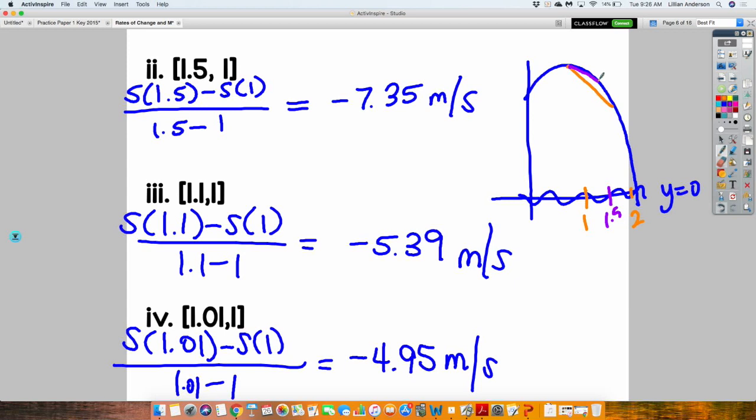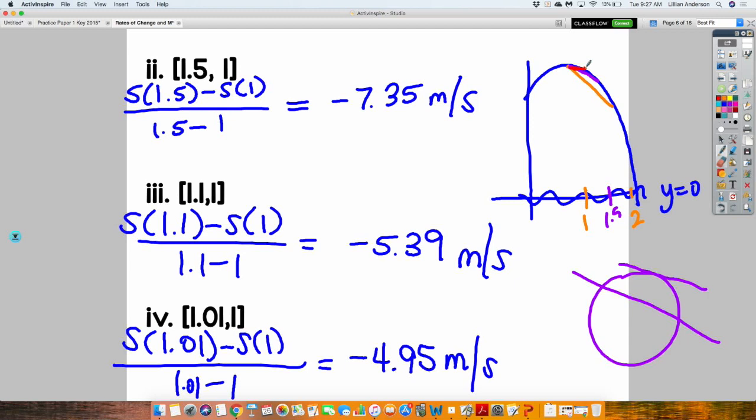Remember, product rule says the first times the derivative of the second plus the second times the derivative of the first. So that becomes the first times the derivative of the second. Here's the second function. It is chain. So we have to find the derivative of it. What's that outside function? Inside?